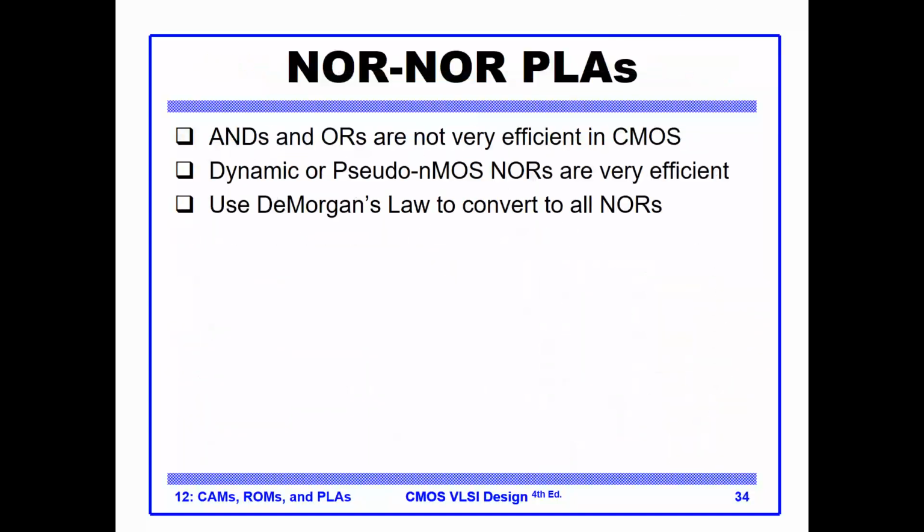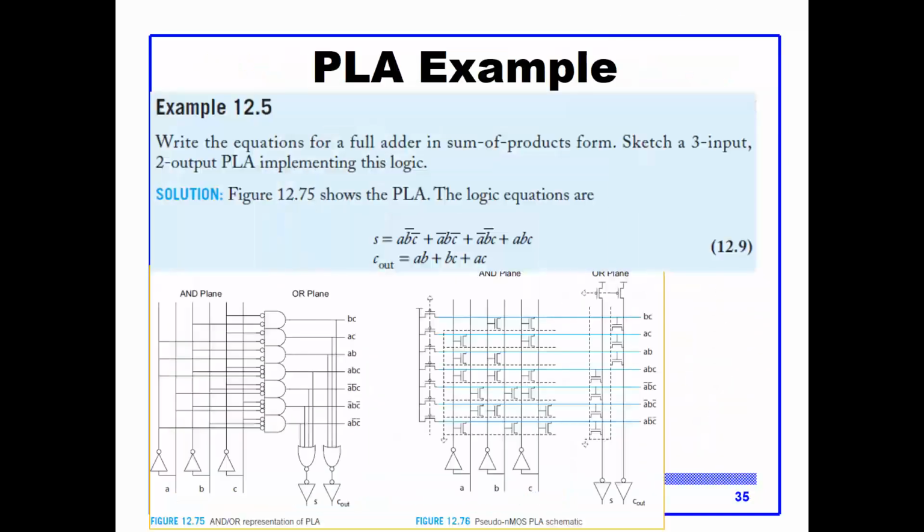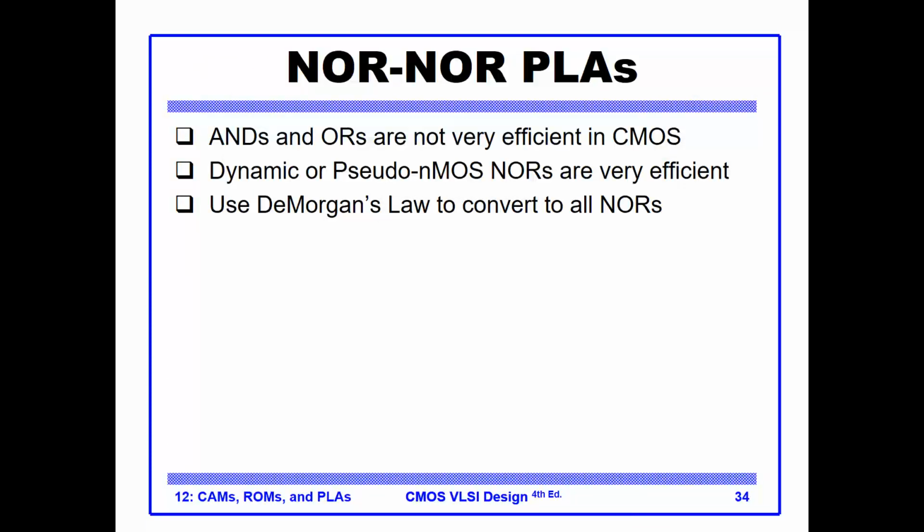Now for that, we can have NOR PLAs. What they mean by NOR PLA is that if you have an AND gate followed by an OR gate, in VLSI we prefer to have NOR gates because they are faster.